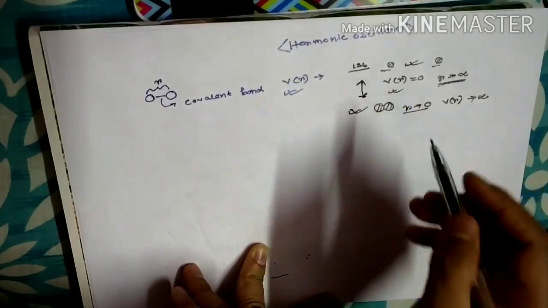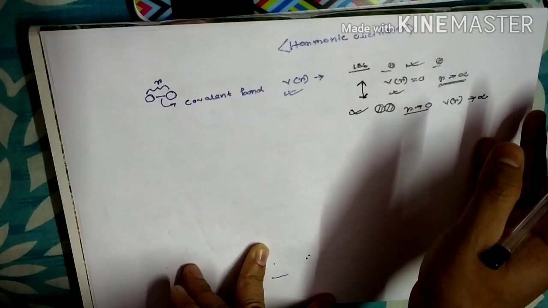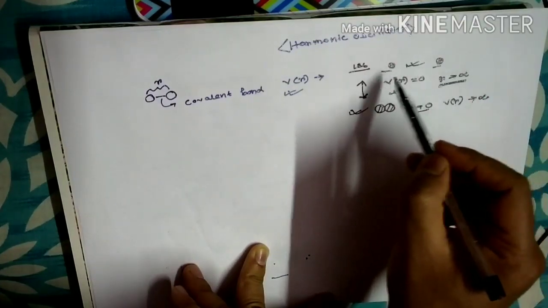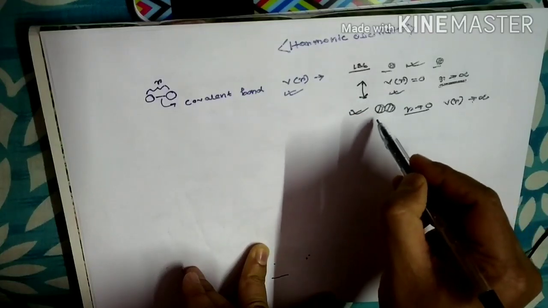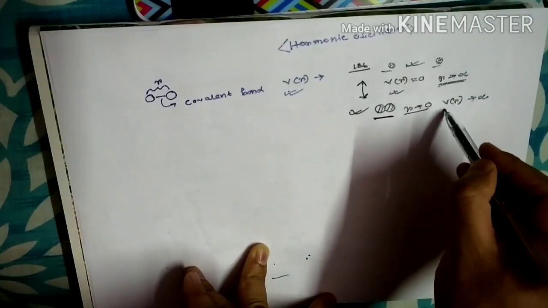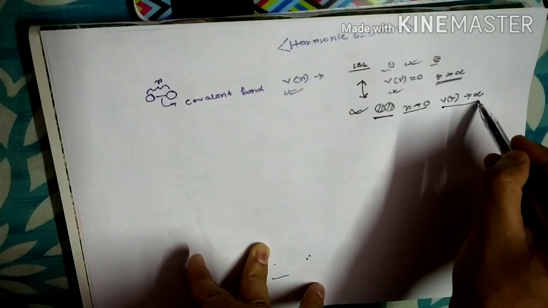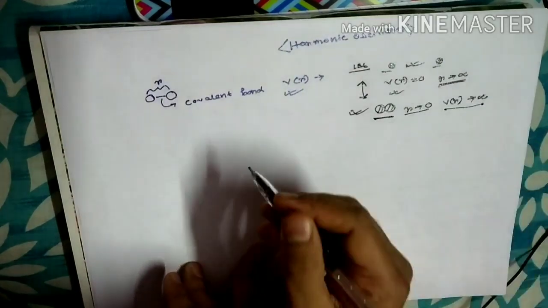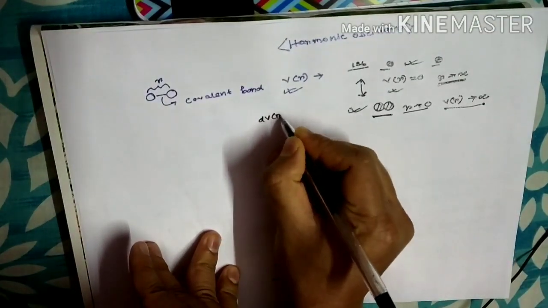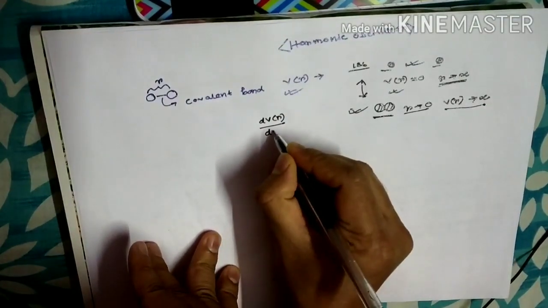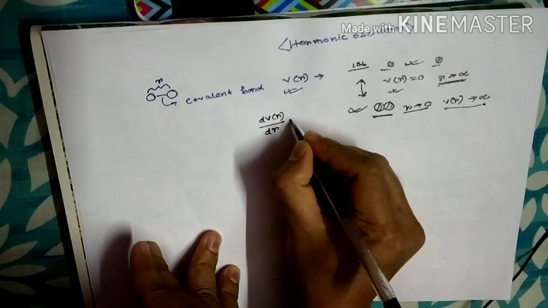When the two atoms are neither so far apart that there is no potential energy, nor so close that the potential energy is infinite, there will be a local minimum of the potential. At that situation the potential energy will be minimum.